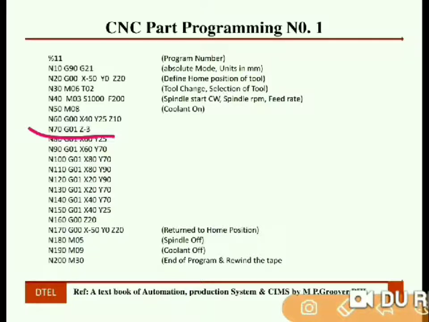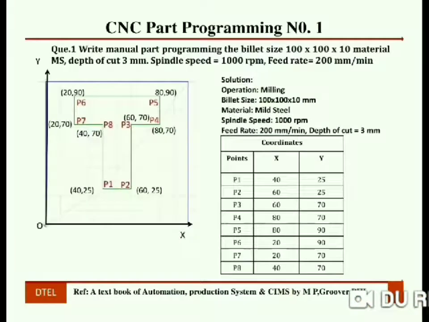the work part position or tool position at the work part at this corner. Which corner? At this corner, X0, Y0 and Z0. X0, Y0 and Z0 means the Z position at the top surface of the work part should be 0.